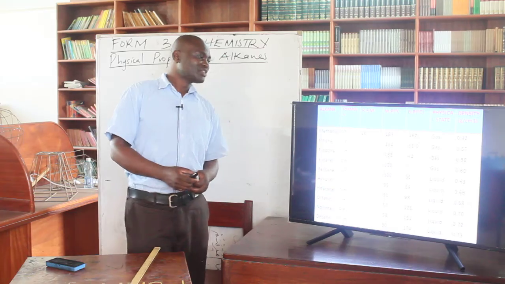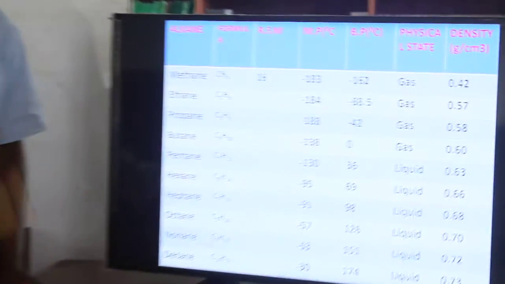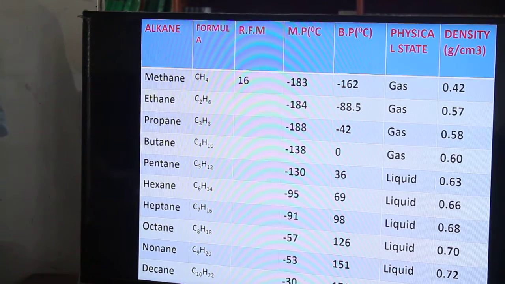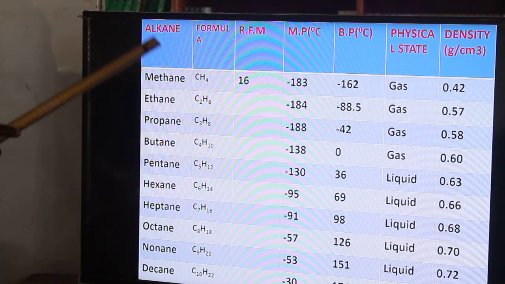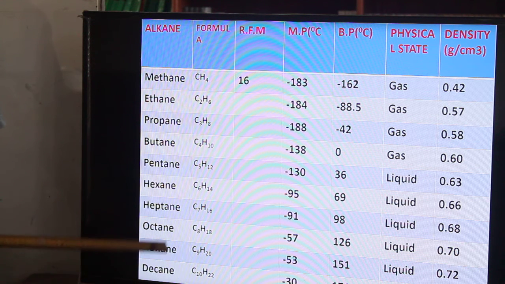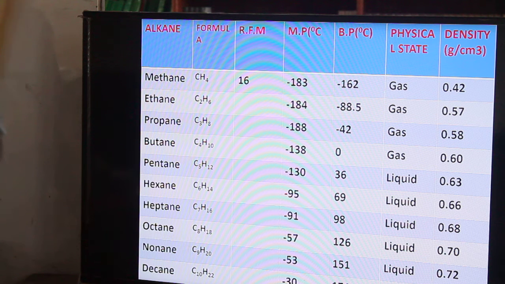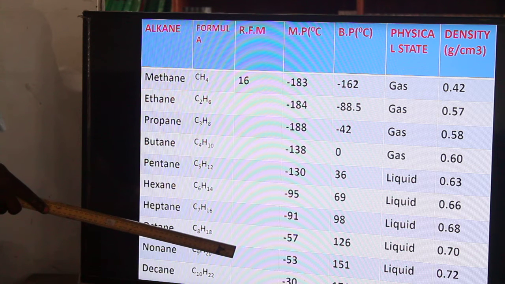Now, what are these physical properties? I have a table here, and in this table, I have summarized the physical properties of alkanes. I have listed the alkanes, their molecular formulae, and we are going to calculate their relative formula mass.